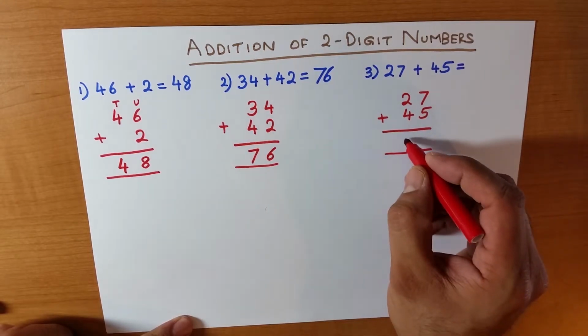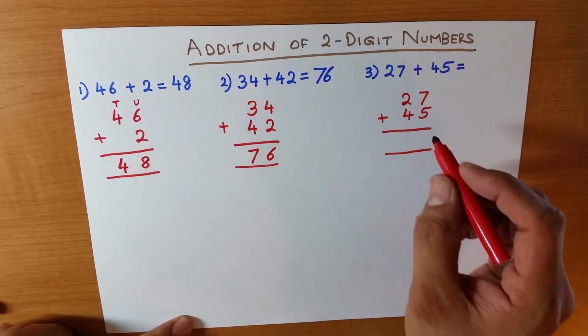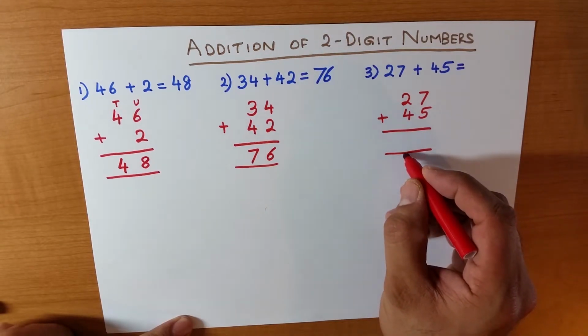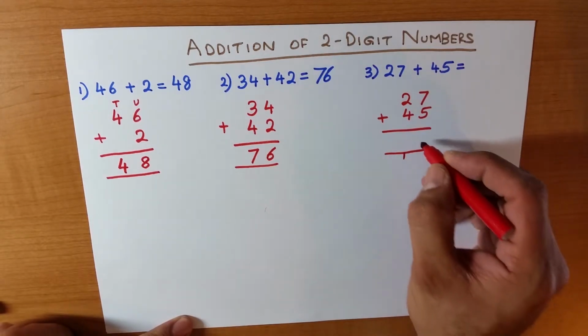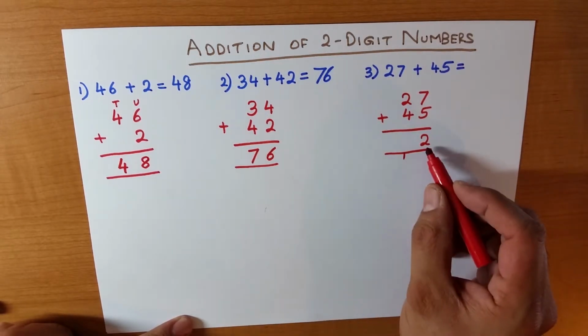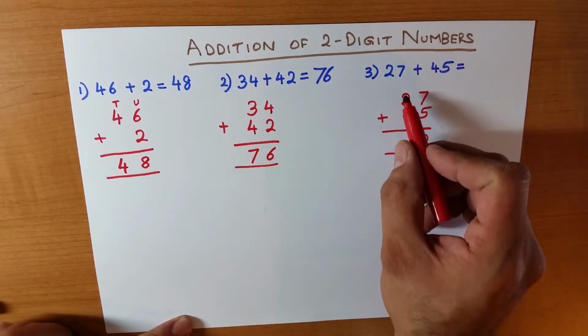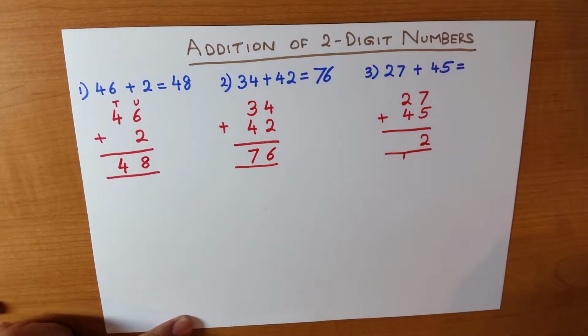Well, we don't write 1 here and write 2 there. That's not right. What we do is we add the 1 over here and the 2 goes over here. The 1 in the 12 becomes part of the tens column.